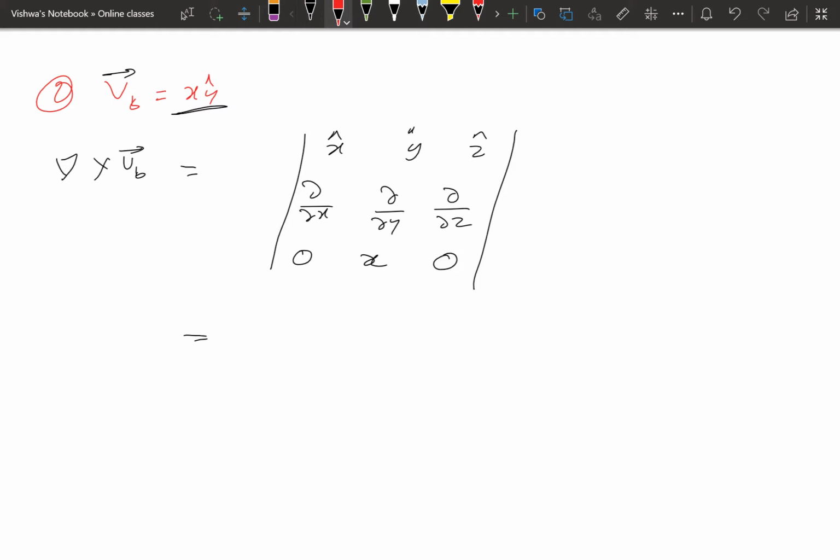Simple. First write x cap, with the remaining two cross product. Here dou by dou y of 0 is 0, and dou x by dou z is 0 because x does not have z terms. We have to partially differentiate. If it were a complete differentiation, then the terms may be different. Then minus y cap for the second one. Dou by dou x of 0 is 0, so it is 0 minus 0.